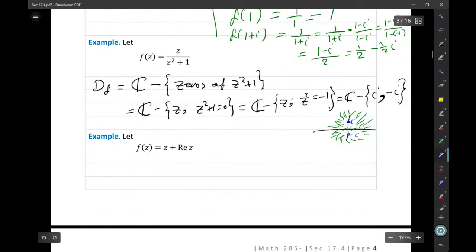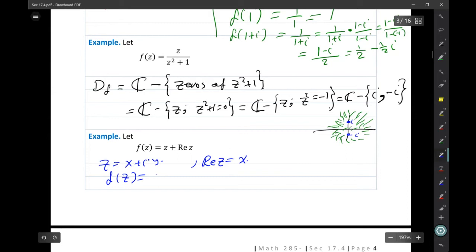Let's see, f of z is equal to z plus real z. What's the meaning of real z here? If we take z to be x plus iy, then real z will be x.